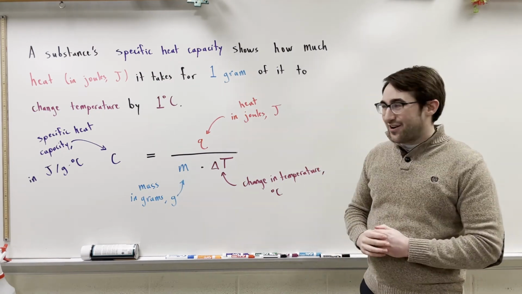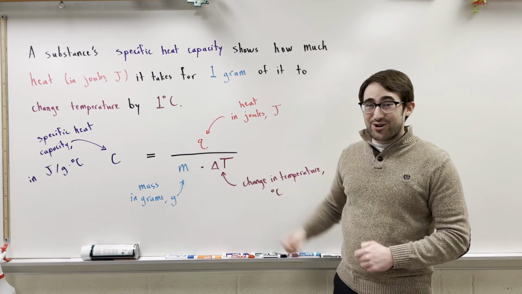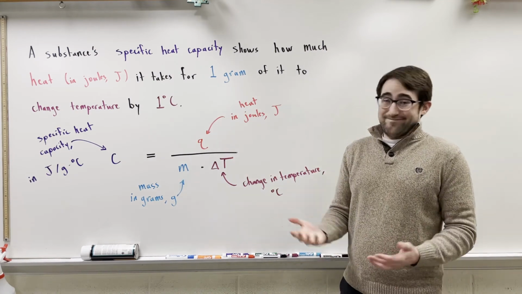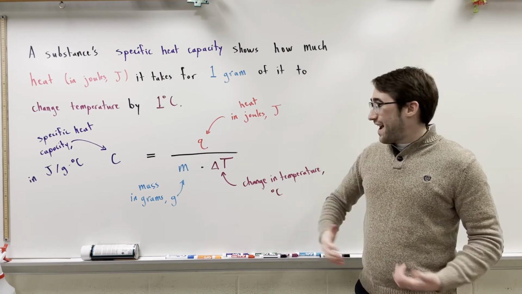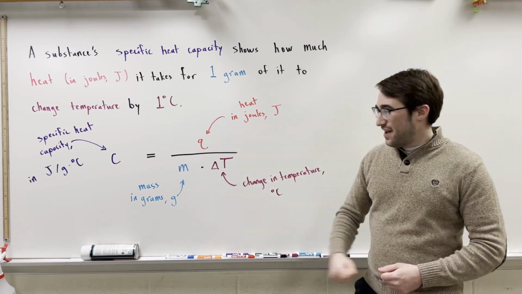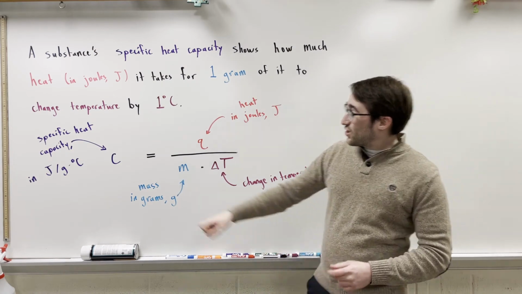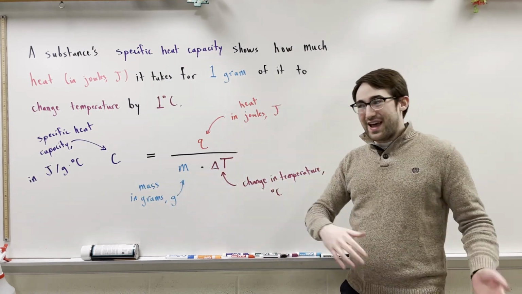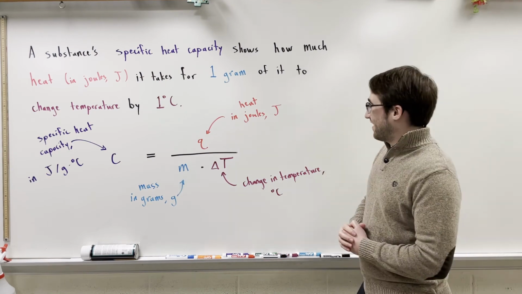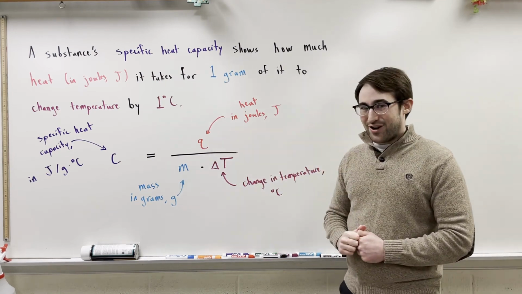But as far as actually knowing how many joules of energy are absorbed or released, that becomes a lot harder, okay? So most of the time we're actually using the change in temperature, the mass of something, and the specific heat capacity of that stuff to calculate how much heat is actually moving out of or into something. Okay? This is usually the thing that we're solving for.